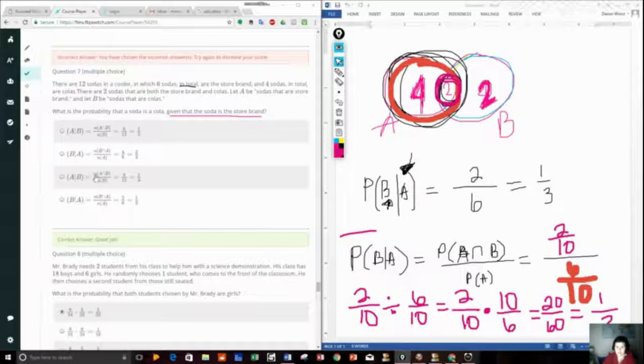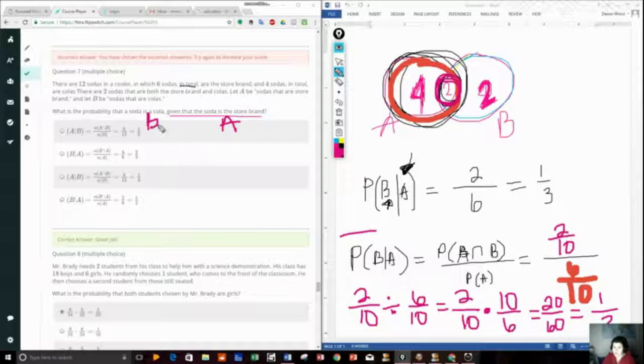So the probability that a soda is a cola given that it is store brand. And this is how I remember what order they are going in. A soda is a cola, that was B. And given that the soda is a store brand, so store brand was A. It goes in that exact order.